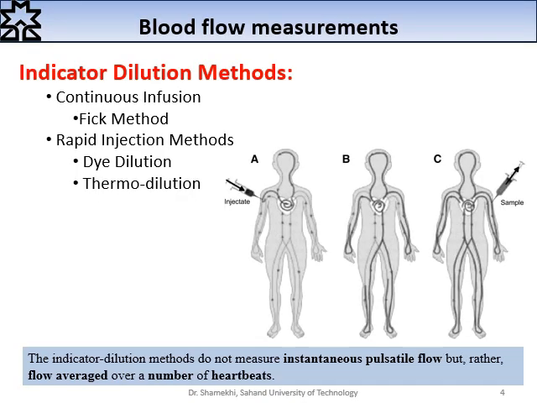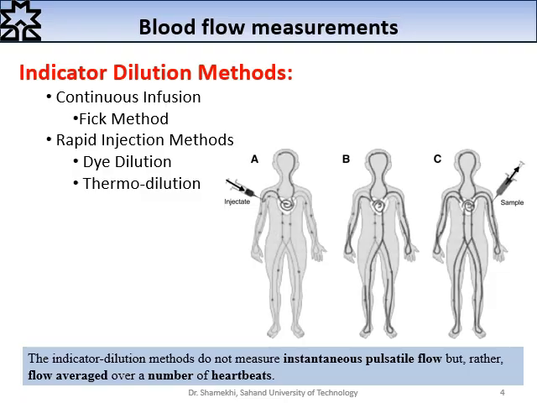In this lecture, we will talk about various types of blood flow measurements, and the first one is the indicator dilution methods.